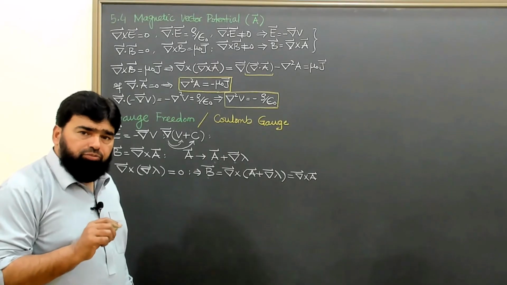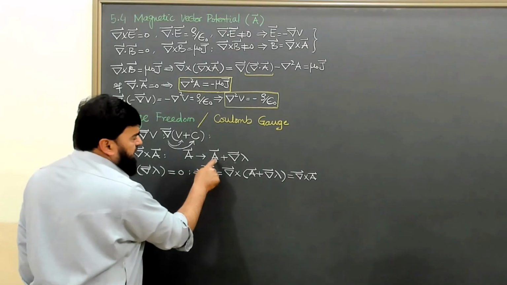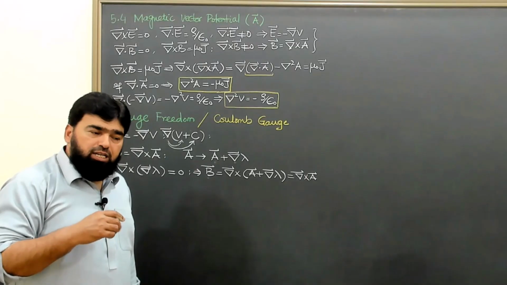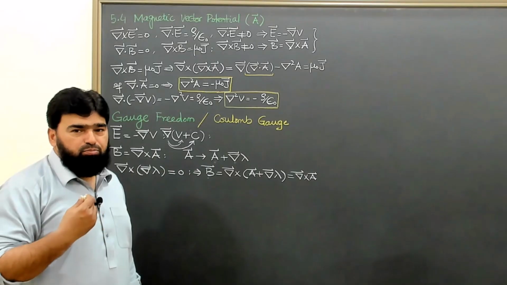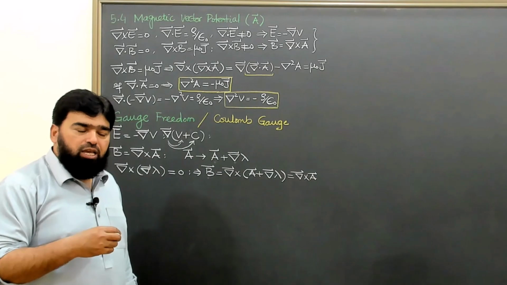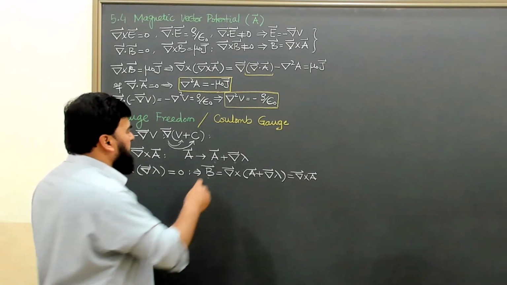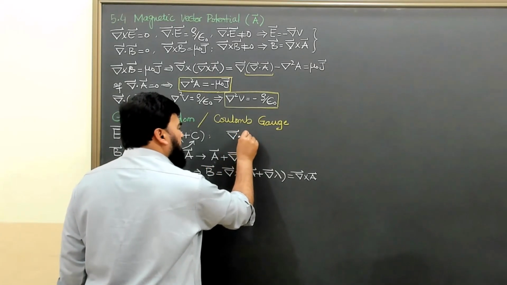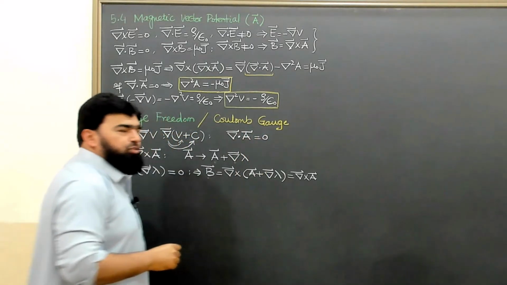In the gauge freedom, we said that we can modify A. Now, in the Coulomb gauge, we consider a simple case in which we modify this magnetic vector potential in such a manner that the divergence of A is equal to 0.